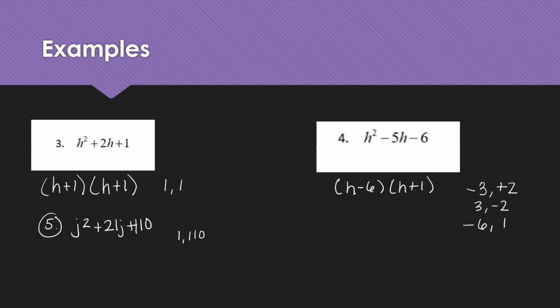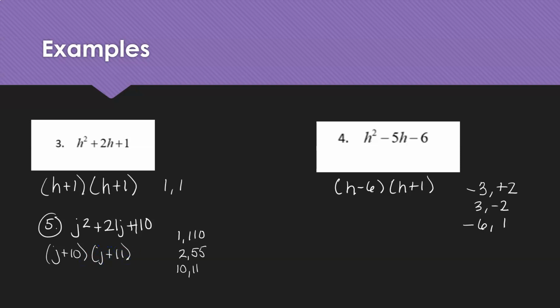We can go 2 and 55. If we put 10 in, 10 times 11 is 110, and if you add them together, they equal 21. So there we go. I have the quantity j plus 10, the quantity j plus 11.